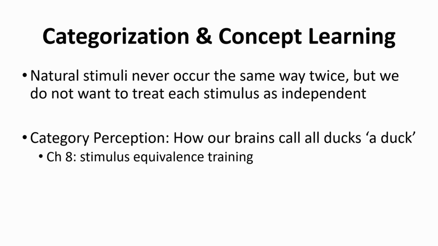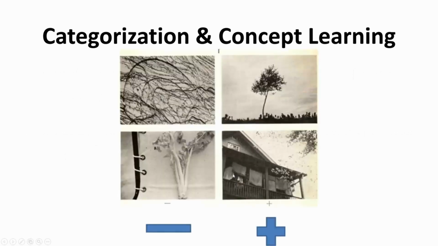So you have generalized your label of a cloud to include a whole category of things that all count as clouds. So if we're looking at how we perceive these different categories, we can look specifically at category perception. And we can focus on how we form these categories, how we use these categories, and all sorts of things using a bunch of different experimental setups. So let's look very, very briefly at an example of stimulus equivalence training.